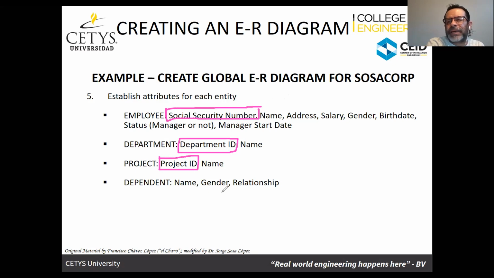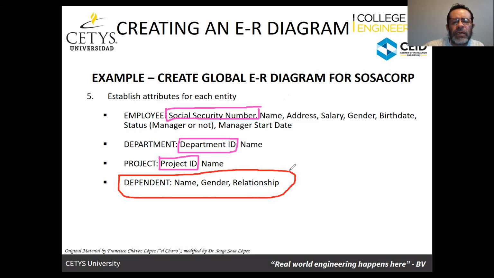What's the problem with the dependent? If I just define the dependent with name, gender, and relationship, what's the problem there? It doesn't have a primary key to identify it. You call it weak? Correct, perfect, Carmina, this is a weak entity.